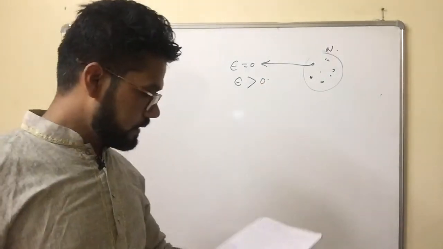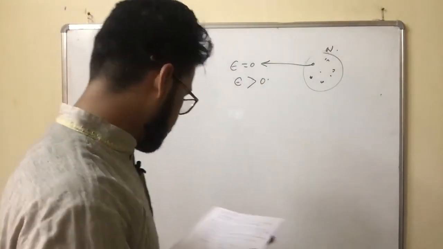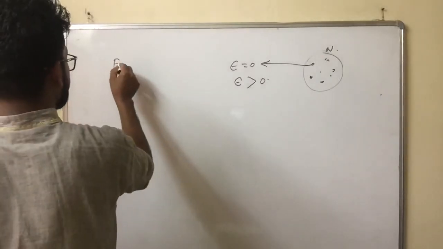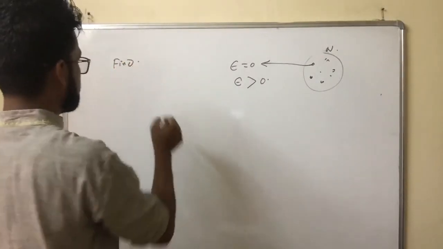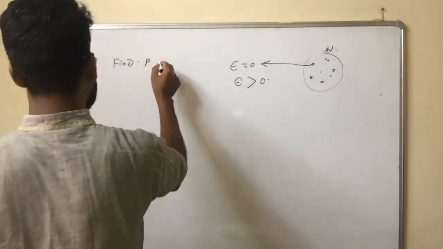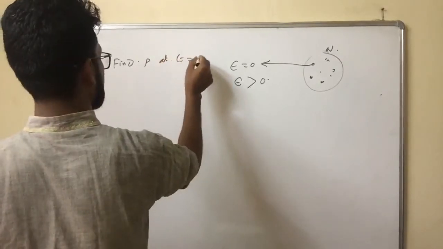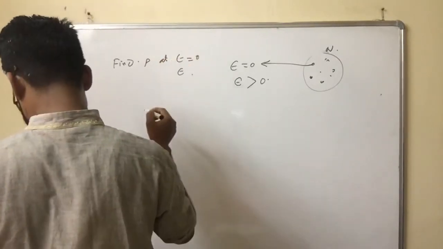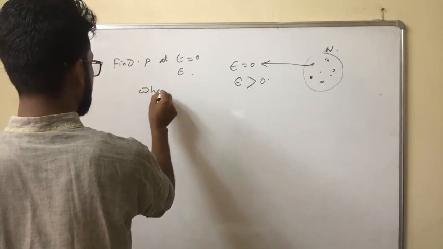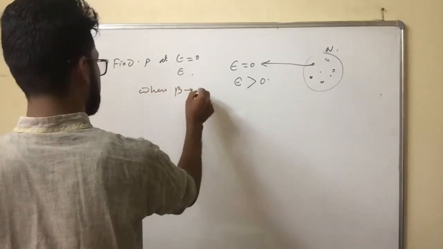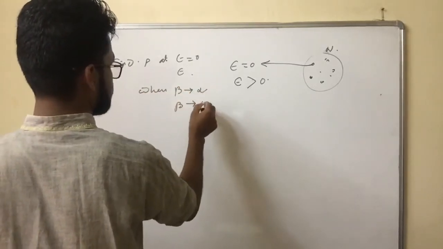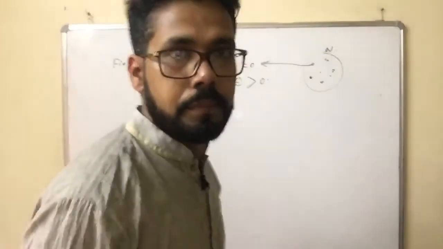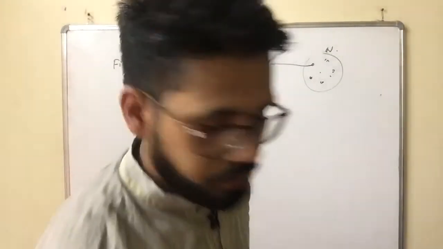The question is like that: find the probability at E equal to 0 and at E, when beta tends to infinity and when beta tends to 0. This question comes in the NET exam.